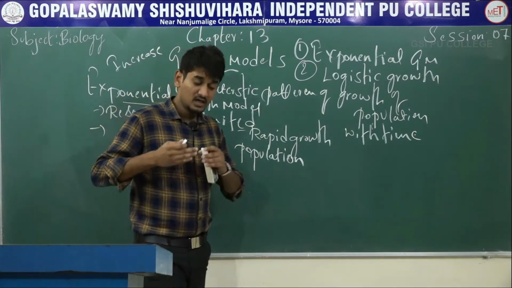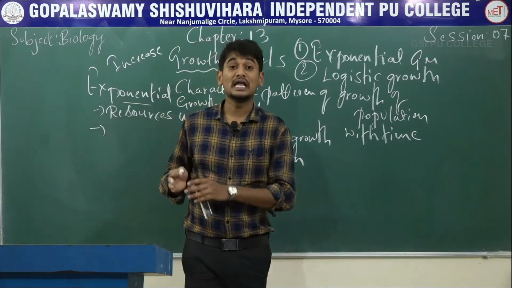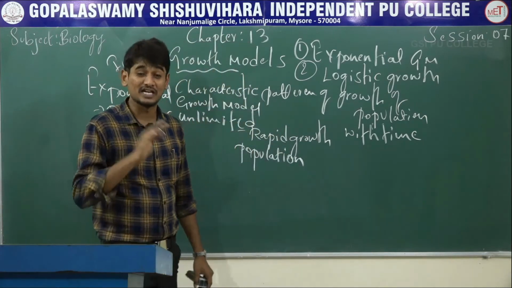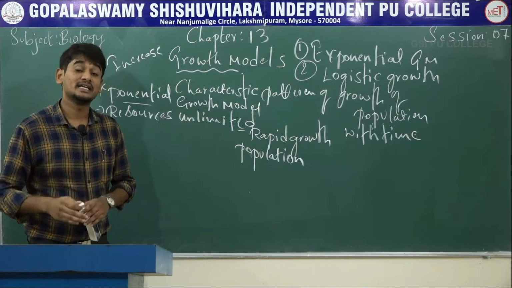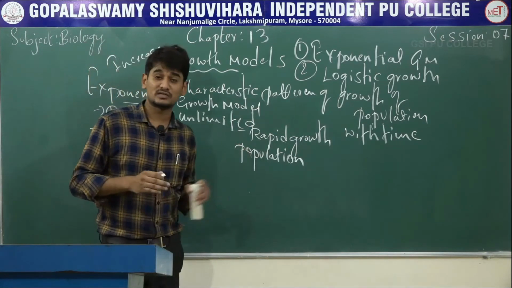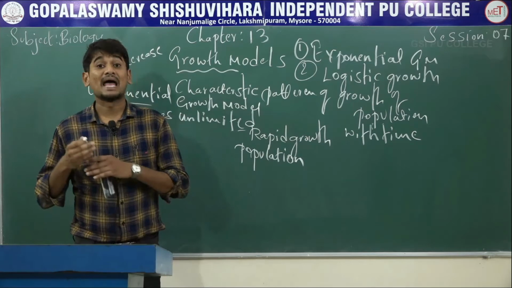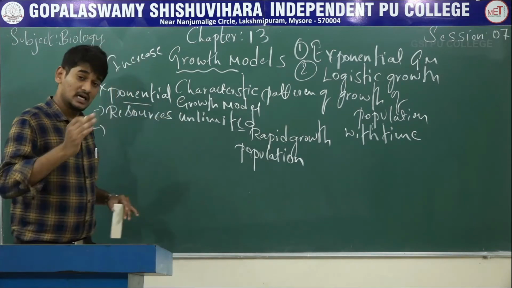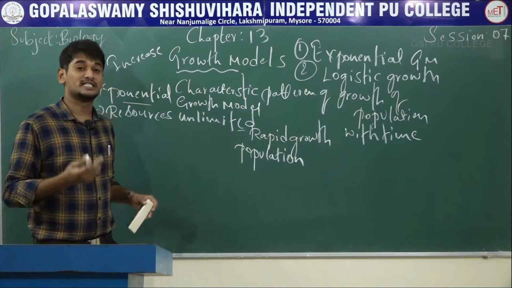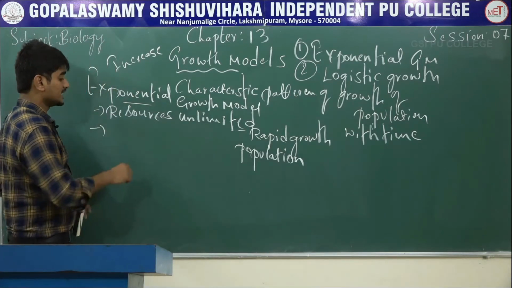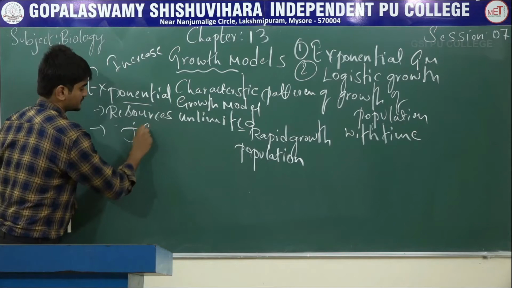So the population size increases in an exponential or geometric ratio because of unlimited resources. The result gives a J-shaped curve.